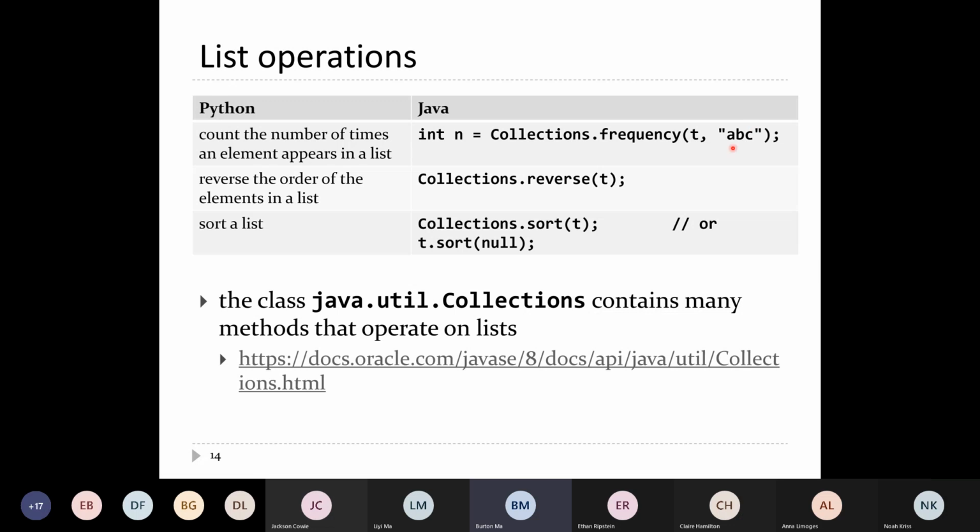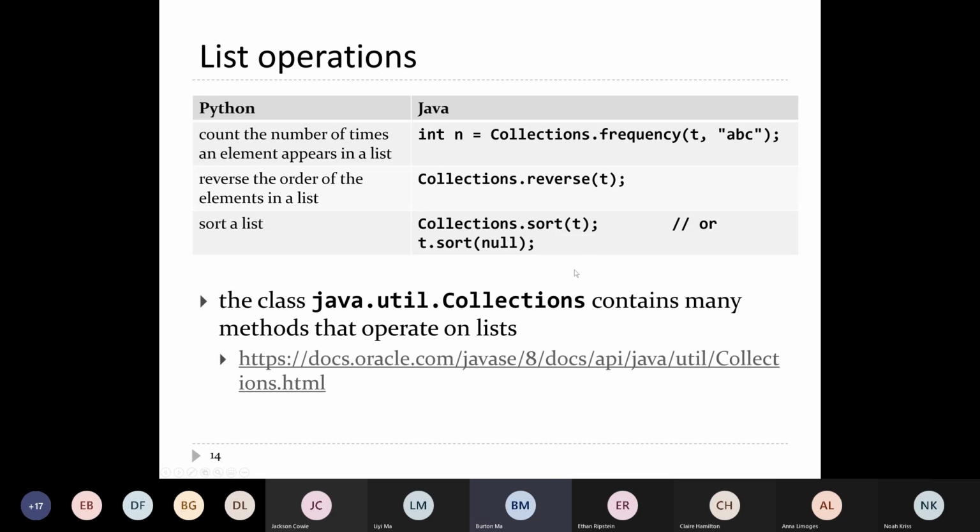To count the number of times the string ABC appears in the list t, you can use the frequency method. If you want to reverse a list, it's just Collections.reverse(t), the name of the list. You can randomly shuffle the elements in a list with Collections.shuffle and then the name of the list. If you want to sort a list, there's a method called sort, and you pass in the list that you want to sort.